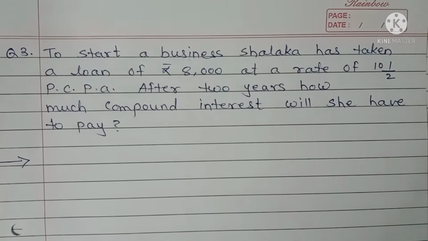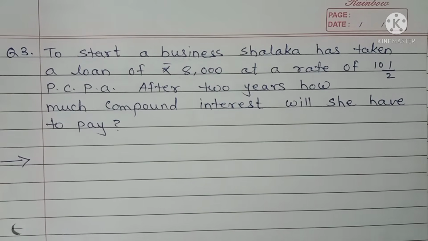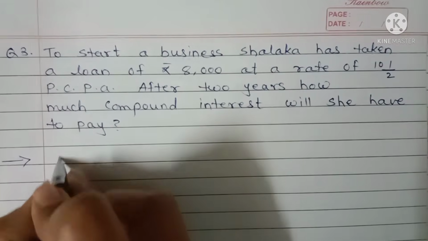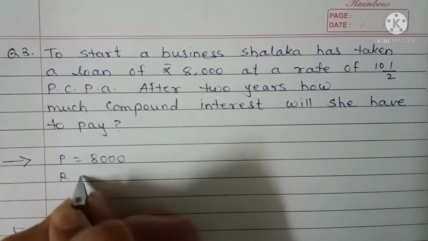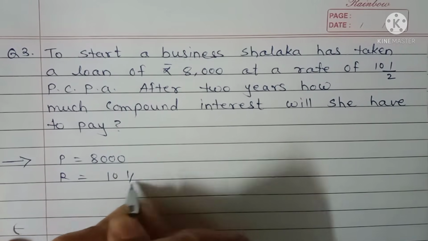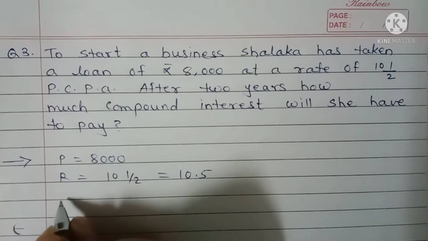To start a business, Shalaka has taken a loan of rupees 8,000 at a rate of 10.5 PCPA. After 2 years, how much compound interest will she have to pay? First, we will write down the given. P is equal to 8,000. R is equal to 10.5. N is given 2.